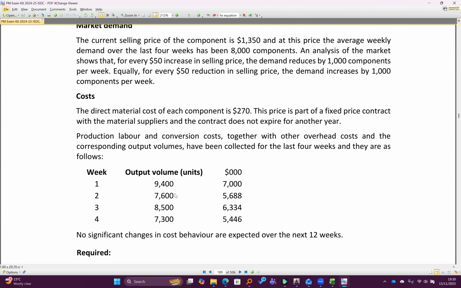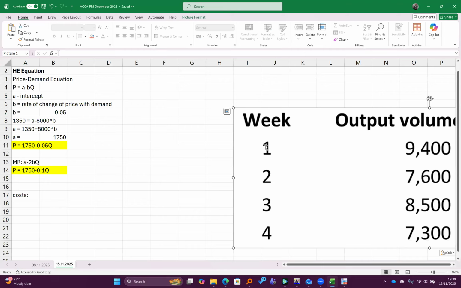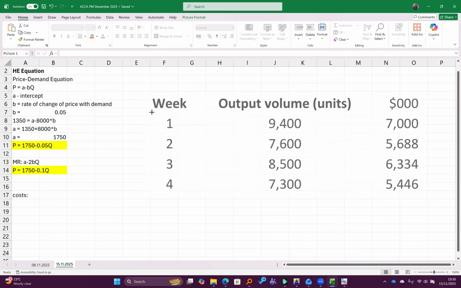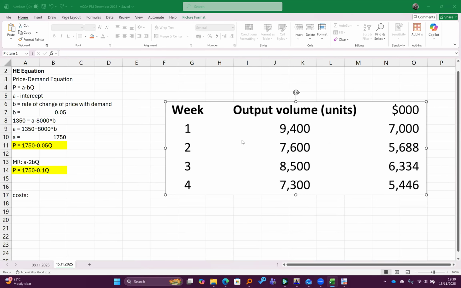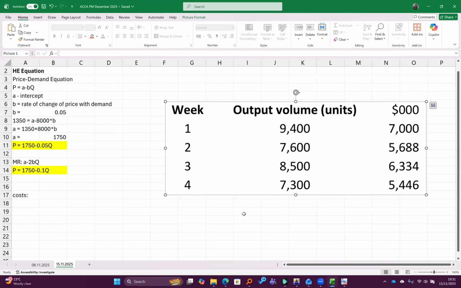Okay, so this is not something you're going to do in the exam, and I will show you what to do basically. But let's say you wanted to know whether they are variable completely, because these are costs that include production, labor, conversion costs, and other overhead costs. So ideally, it is not going to be expected that they are going to be variable completely, because overheads have fixed and variable.